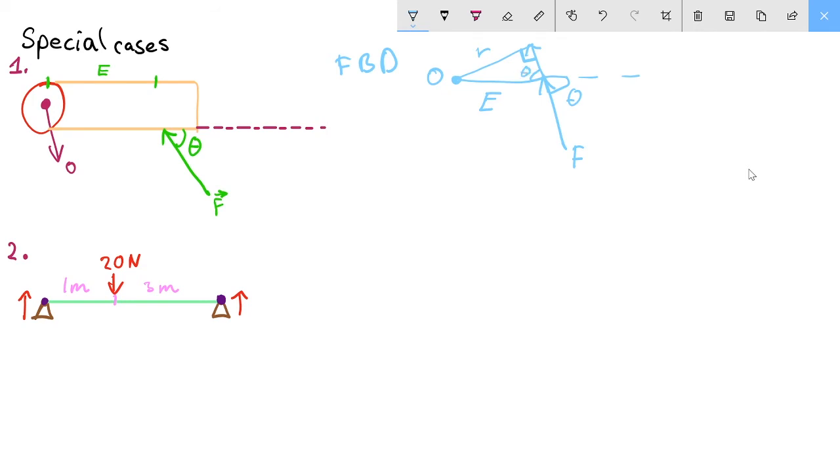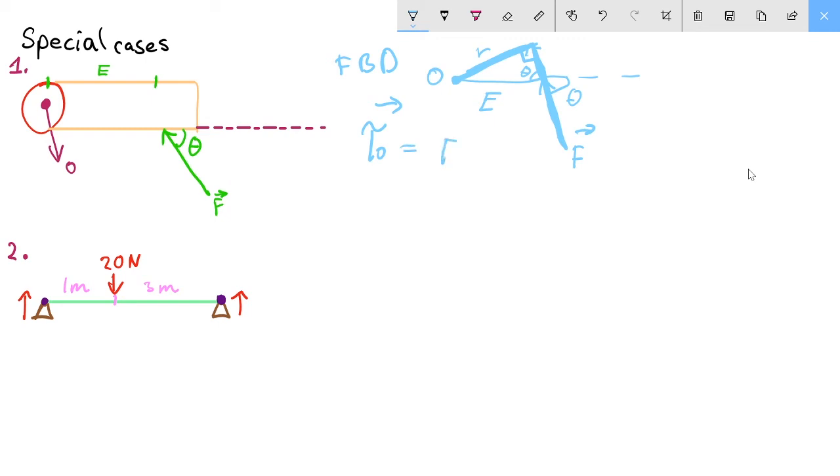Thankfully, now that you see that, you can say we can use trigonometry to find the force and then the distance, and after that you can find the torque at point O, which is just this times this, right? So torque at point O is just that force times R. So let me show you.